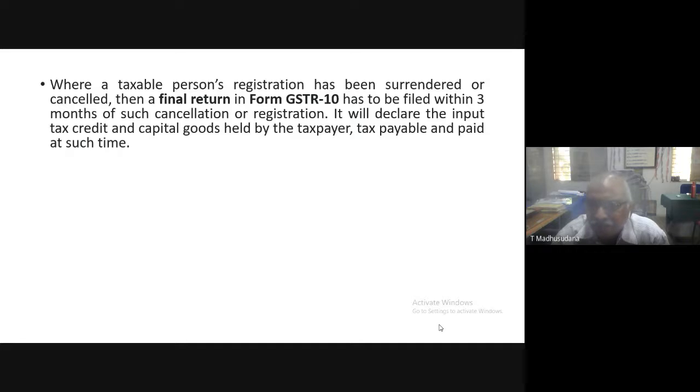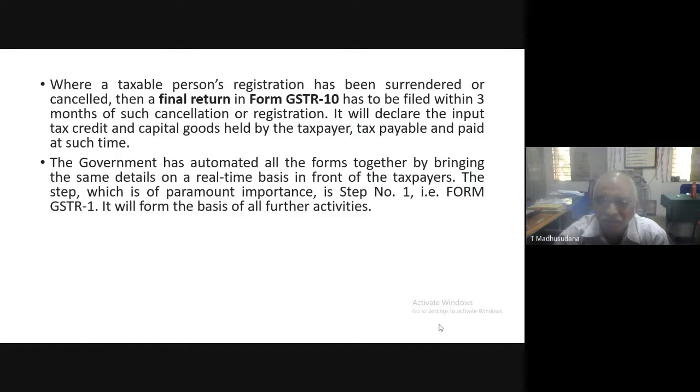It will declare the input tax credit, capital goods held by the taxpayer, the tax payable and paid at such time. So the input tax credit details, the tax payable, the taxpayer details, capital goods held by him, all the details will be available.